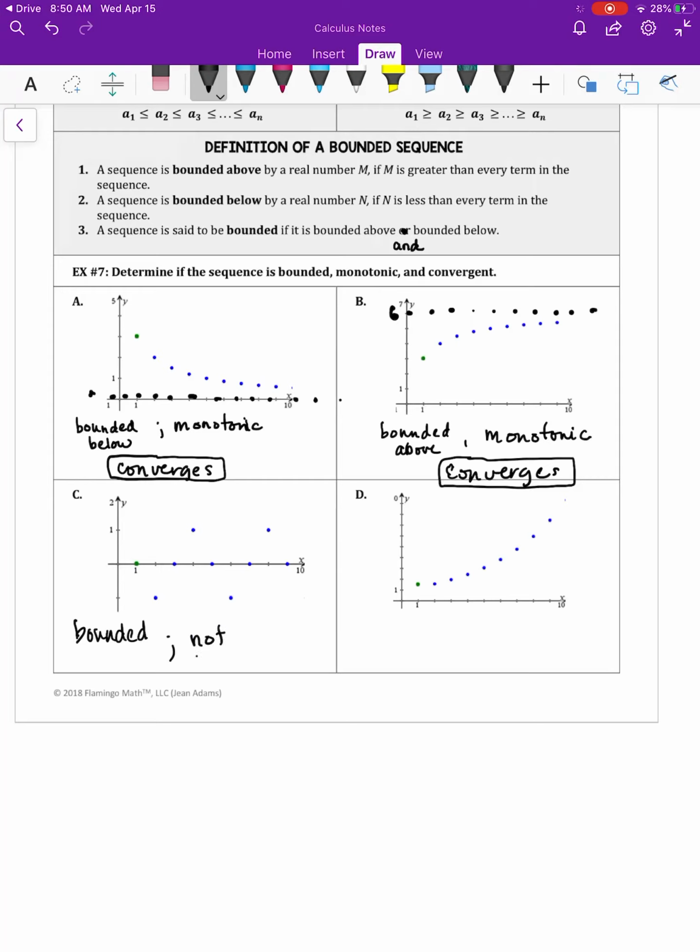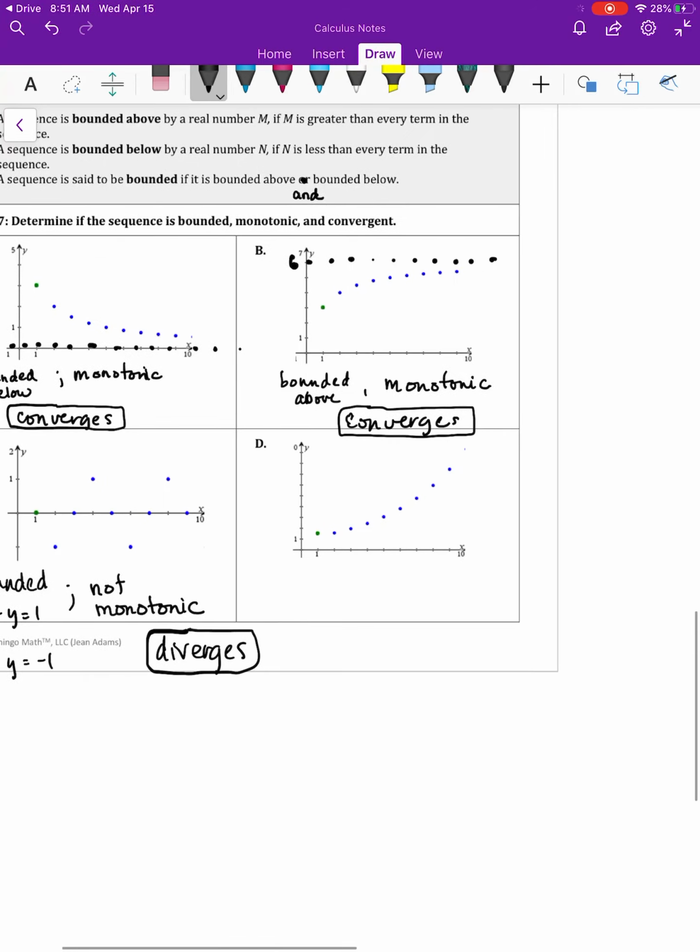It's actually bounded because it's bounded above and below, right? It looks like it's bounded by 1 and -1. So it is bounded. It's not monotonic. And it diverges. I'm just going to say above by y equals 1, below by y equals -1 for the bounded part.